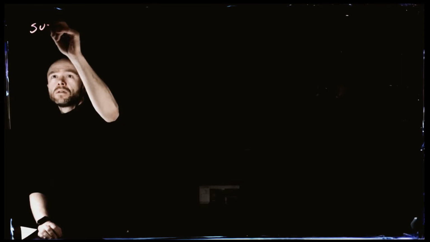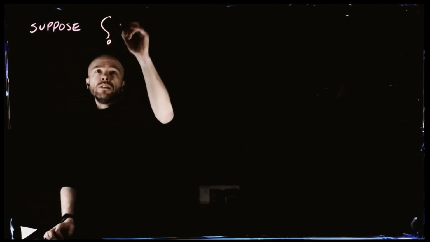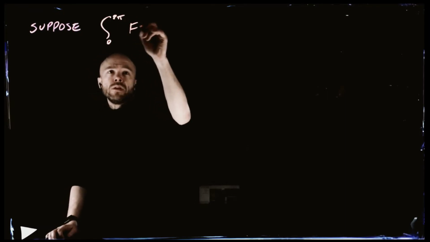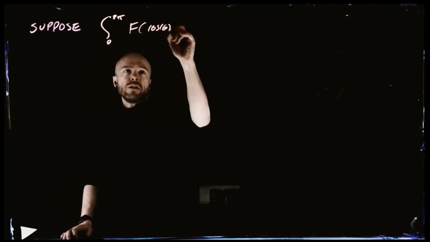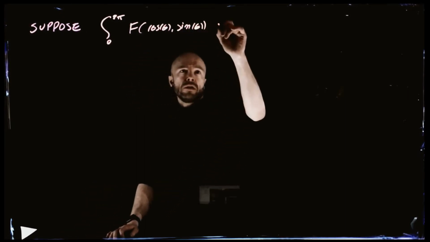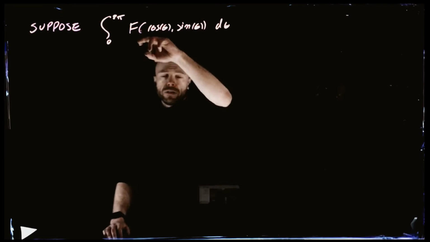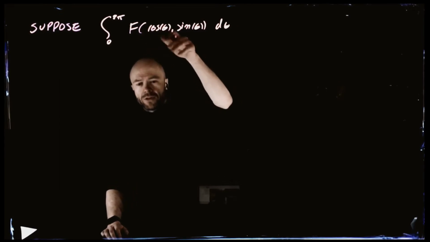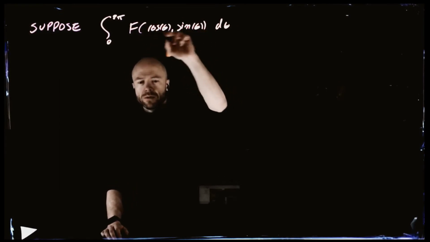So let's start with the following. I'm going to teach you how to integrate the following kinds of integrals, starting with this kind. Suppose we want to integrate something like this: the integral from 0 to 2 pi of f of cosine theta, sine theta, d theta, where f is, I'm not going to be too specific, a nice function, f is analytic in both of its variables here.